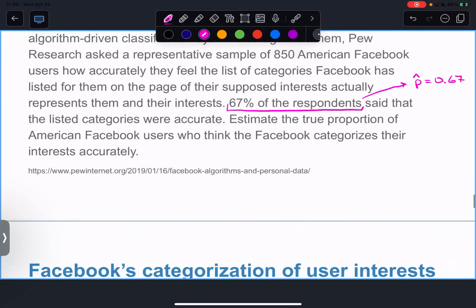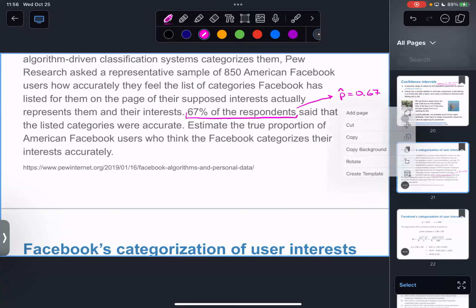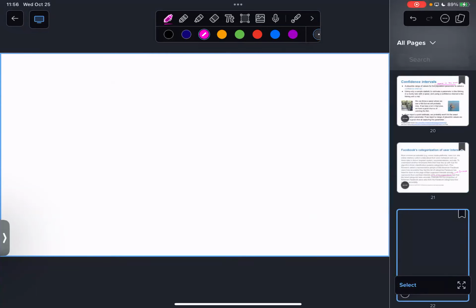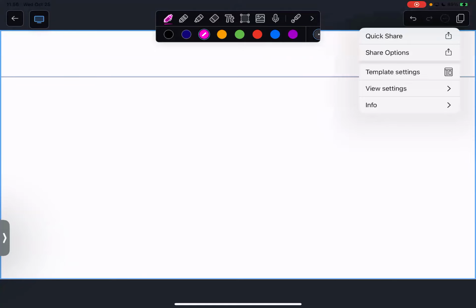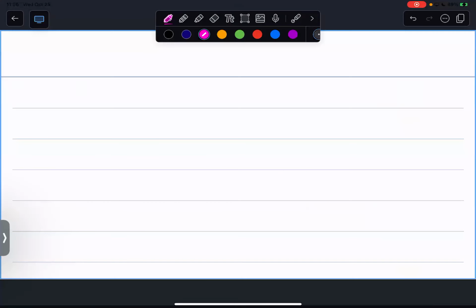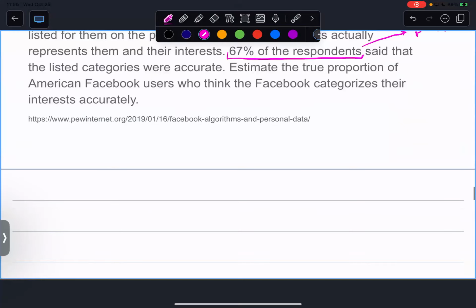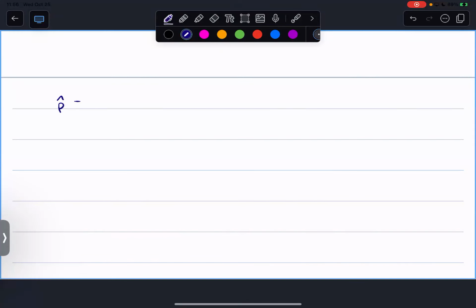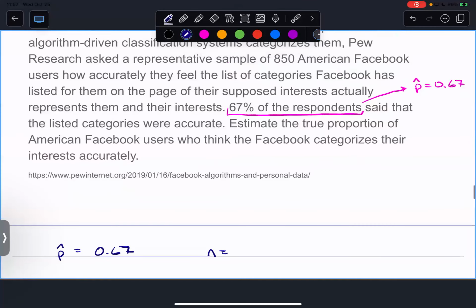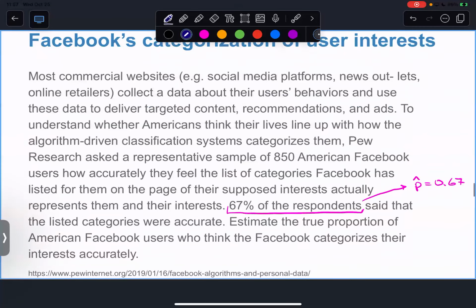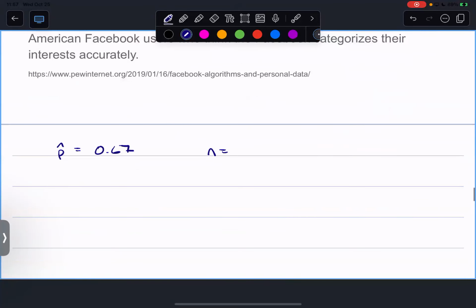Before I do this, let me add a page here to get some lines so I don't write all over the place. We said my sample proportion was 0.67. What was my sample size? Are we told what the sample size is? 850, nice. Using that, how many successes did I have?